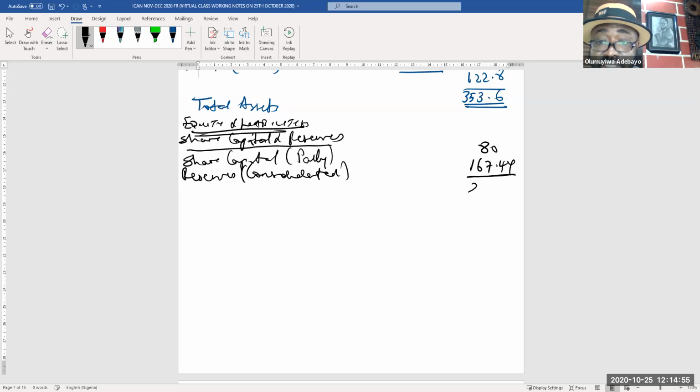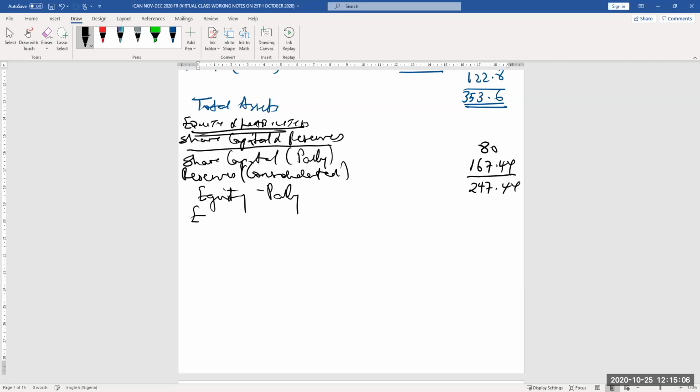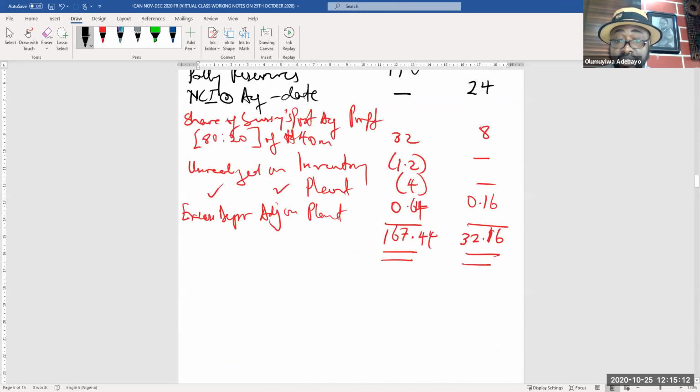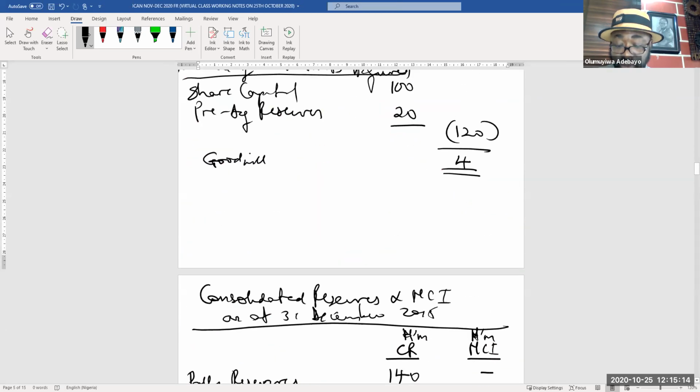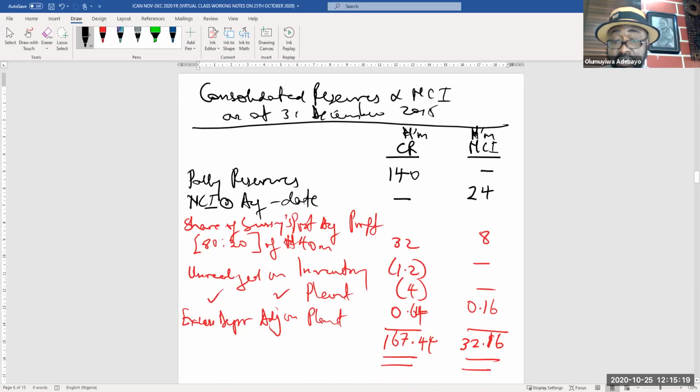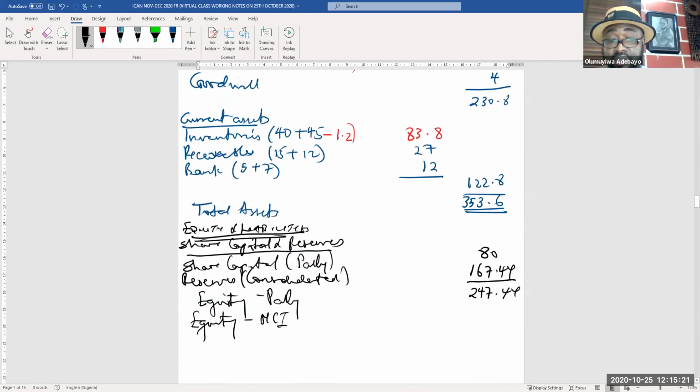When we add it together, that's 247.44. That is the equity attributable to Pali. The next is equity attributable to NCI, and that one is 32.16, as you saw there.